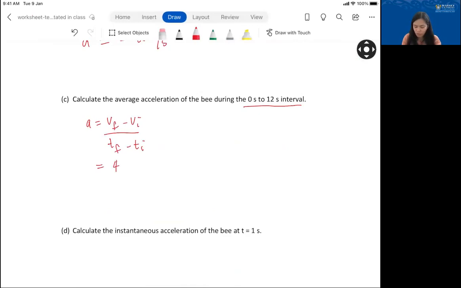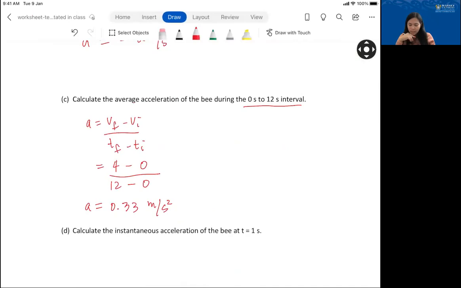VF is 4 meters per second, VI is 0, TF is 12 seconds, TI is 0. That gives 0.33 meters per second squared. Okay. Right. Okay.